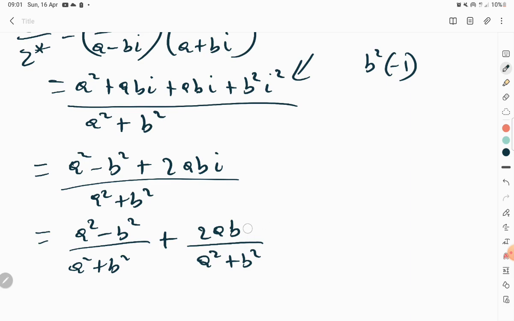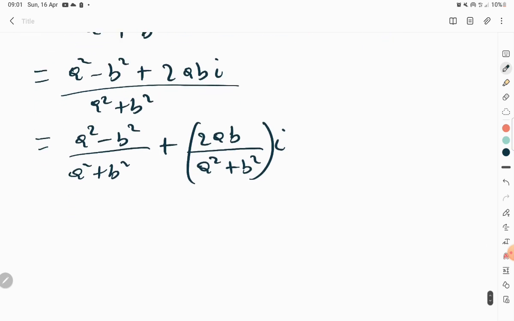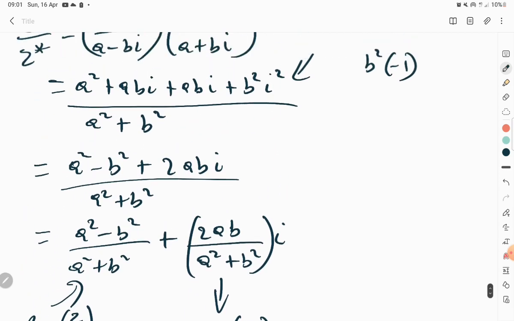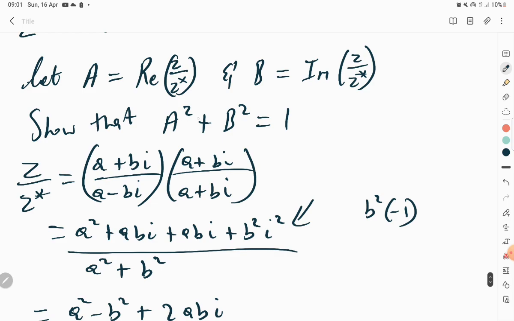So it is wise to put it this way, so that you can see that this is the real part of z divided by z conjugate, and this one is the imaginary part of z divided by z conjugate. Remember the question says we need to show that a squared, the real part of z divided by z conjugate, plus b squared, the imaginary part, equals 1. So our a is equal to a squared minus b squared over a squared plus b squared, which is the real part.